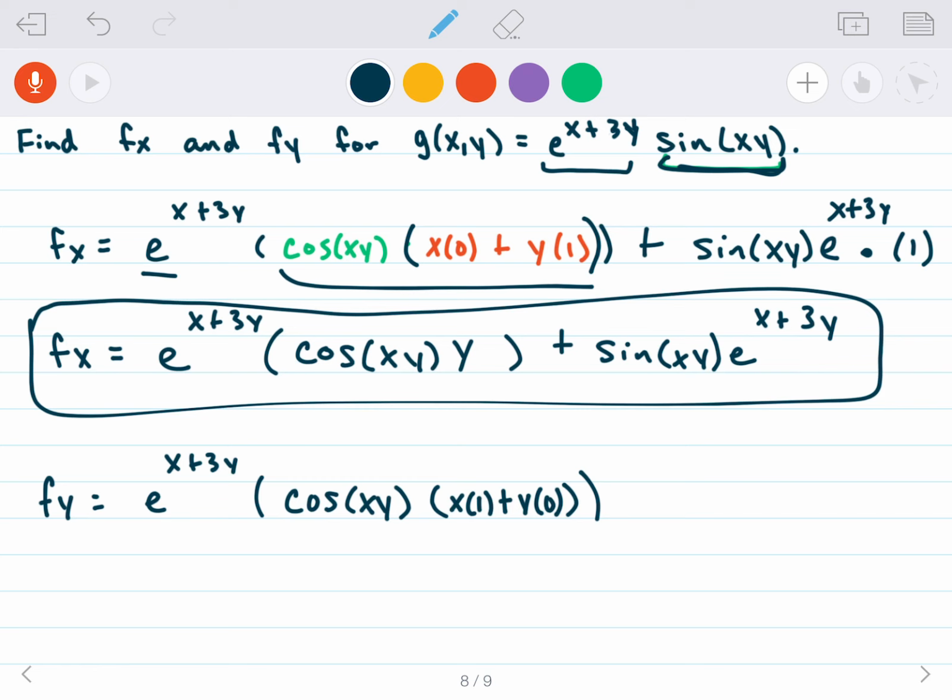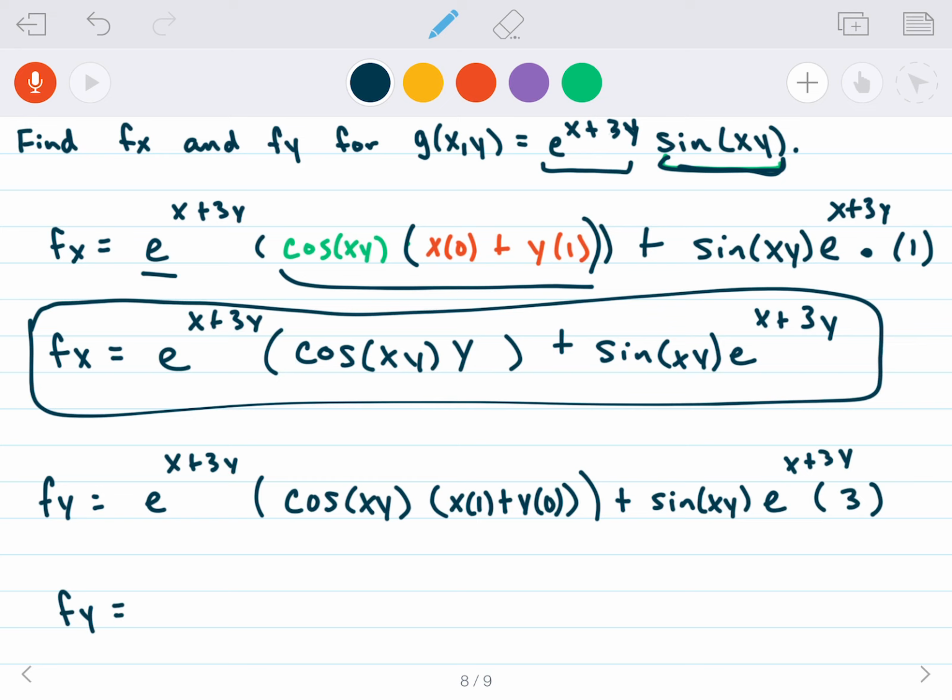Alright, so keep the first times the derivative of the second, plus keep the second, sine of xy, times the derivative of e to the x plus 3y. Well, that's going to be e to the x plus 3y times derivative of x is 0, derivative of 3y is 3. So this is our answer.